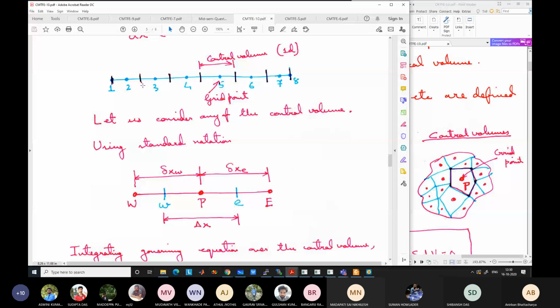But far away from the aerofoil structure you don't need to capture the flow separation and other things. Far away there is not much variation, so you take coarse grid points. Similarly, our formulation can have fine or coarse control volumes. So each control volume can have different lengths. As a result, the distance also can be different. So let us call this distance delta xw and this delta xe. For our simple case, these two are equal, but in general they can be different.